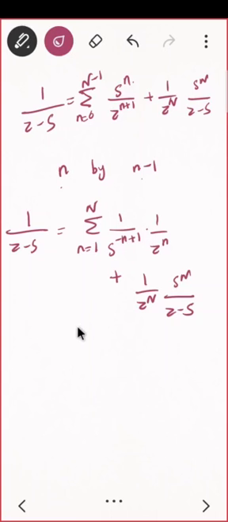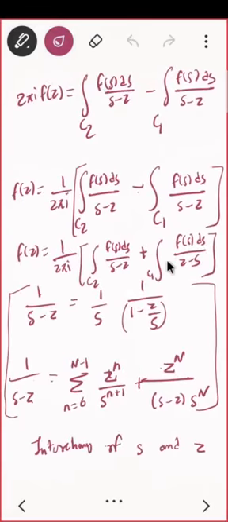Okay, now I want to use this with the integral. So what extra do I need? F of S ds over the contour, correct?